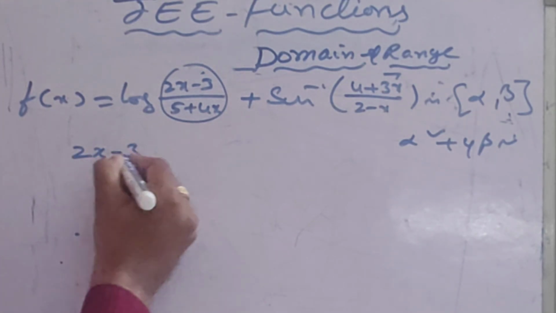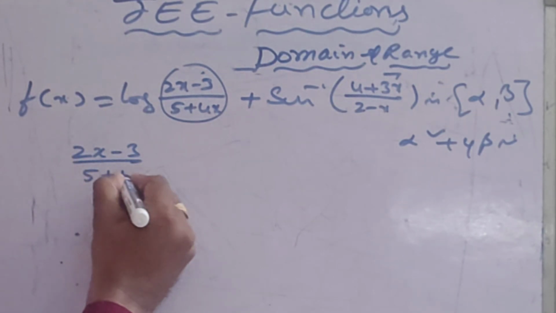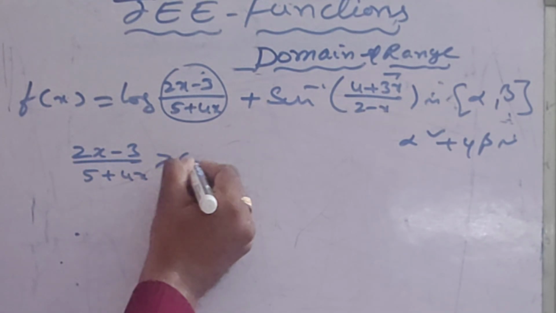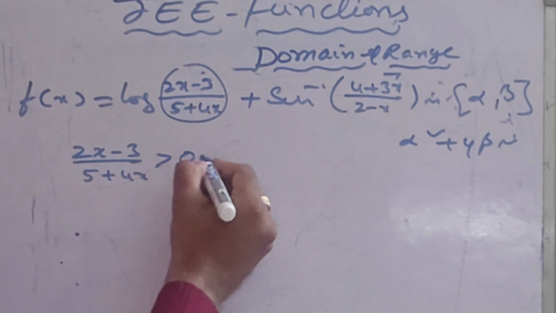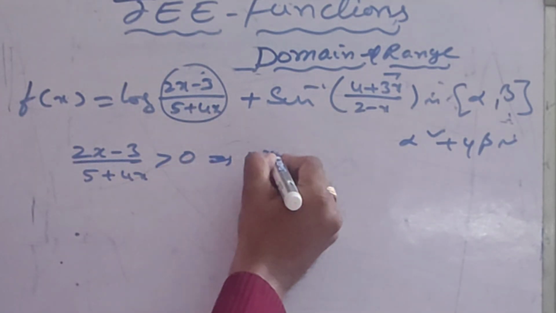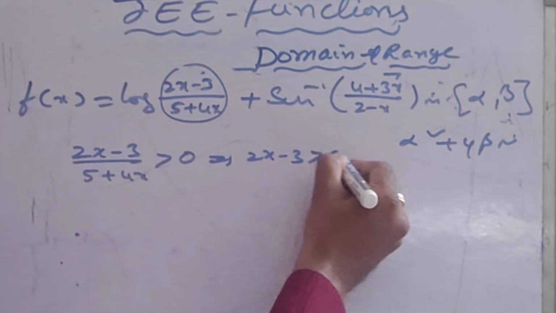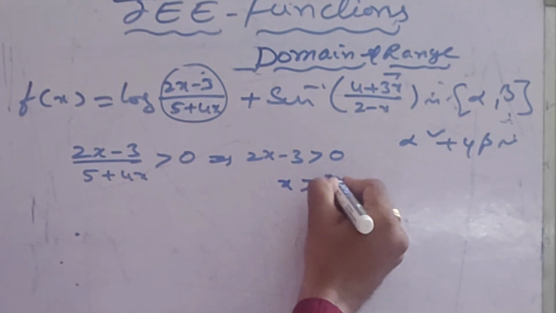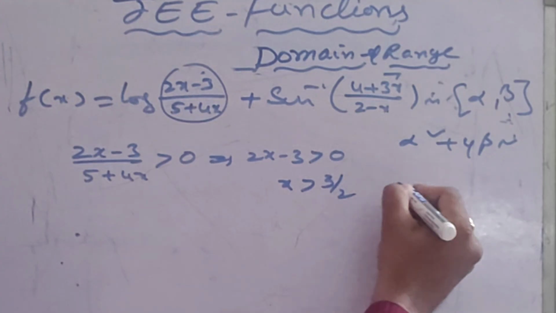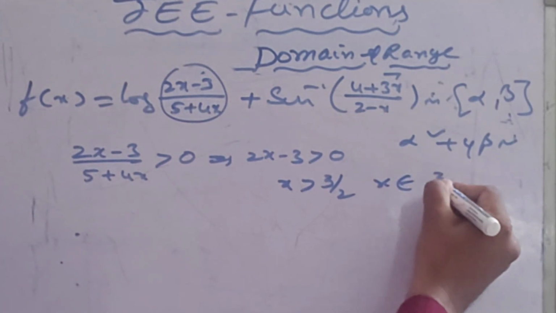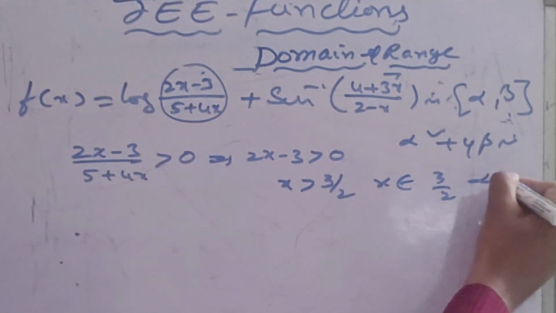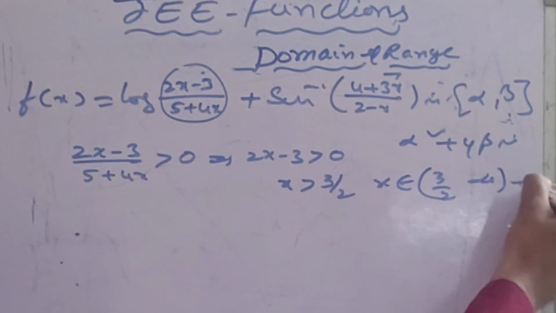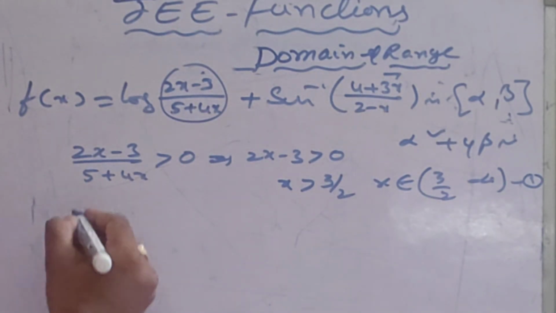Here the log function: (2x minus 3) by (5 plus 4x) is greater than 0. By cross multiplication, 2x minus 3 is greater than 0, so x is greater than 3 by 2, that means x belongs to (3 by 2, infinity). This is case 1.